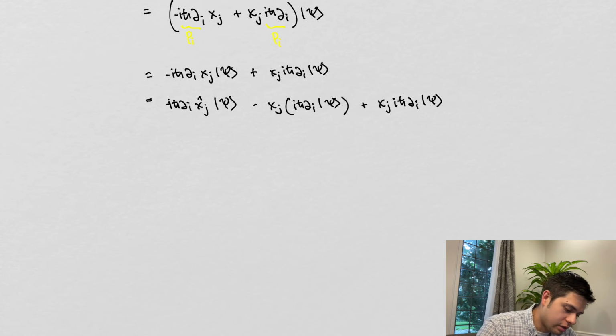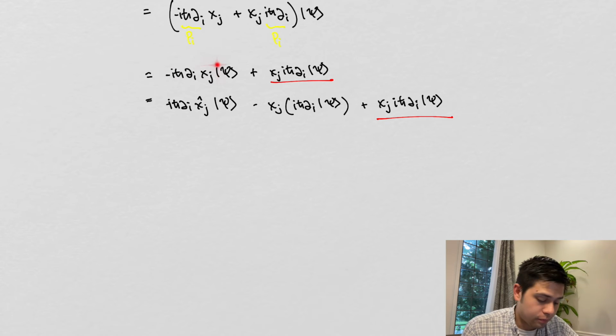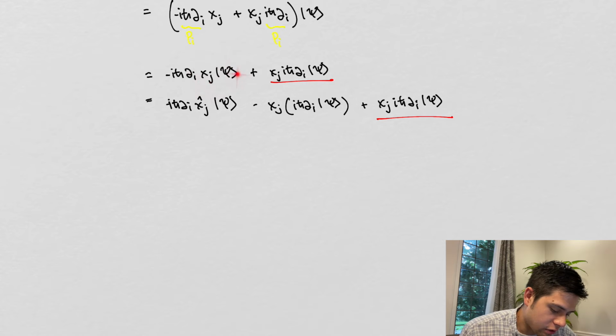So how did I do this? I went from saying that this is the thing I expanded. This right here is this right here. But what's this? Well, this is the derivative acting on the state, right?